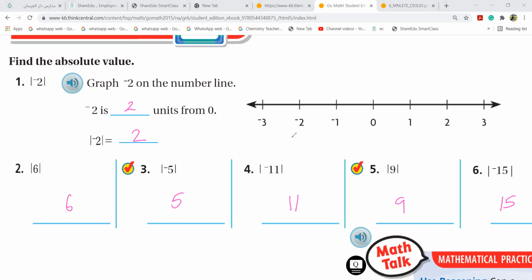You cannot write the opposite. All have to be positive. See, question number 5. This is positive, but again I wrote positive, because absolute value means it's a positive one. When they ask you to find the absolute value, you will write all positives. Okay?